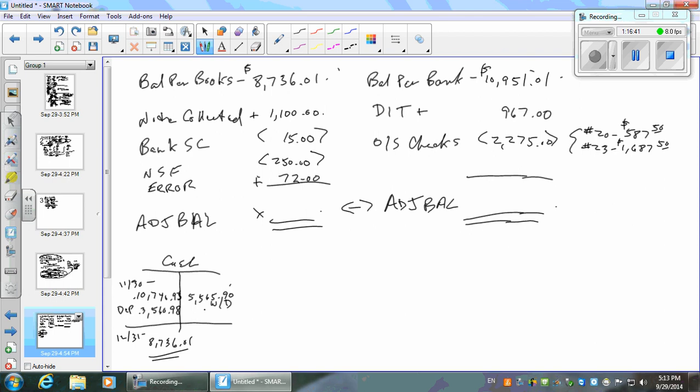That's all. Yeah, 1100 even. Okay, so now let's try it. Add 8,736.01 plus 1100 even, less 15, less 250, plus 72. What do you get? $9,000 something?